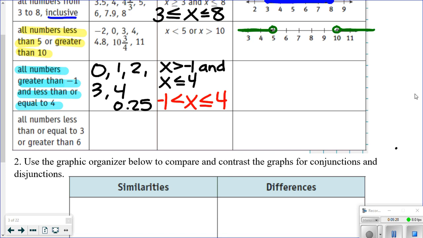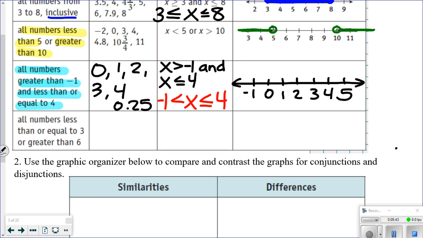Okay, let's draw a simple number line here. And we are going to graph this. So I need my open circle at -1.